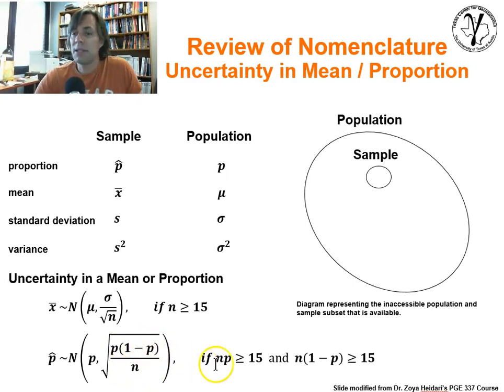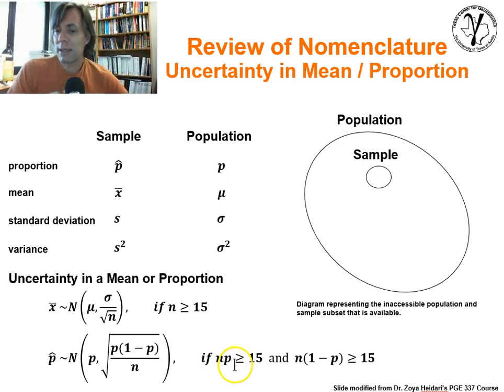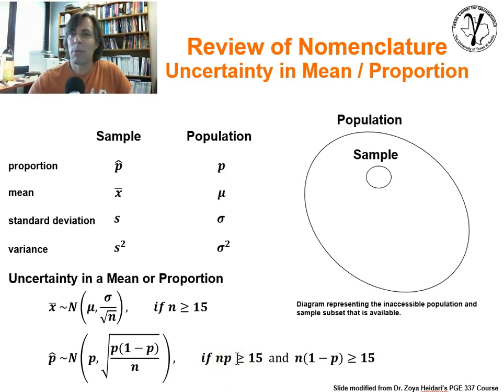Now we have the same criteria where we'll say that the number of samples inside the proportion, or things that are counted as in, must be greater than or equal to 15. That's how we define small sample size there, or large enough sample size. But we also have to say that things are without or outside must also meet that criteria for us to consider this to be valid.